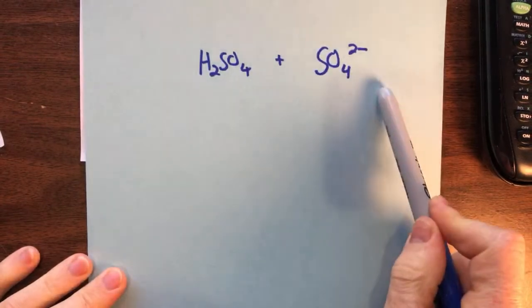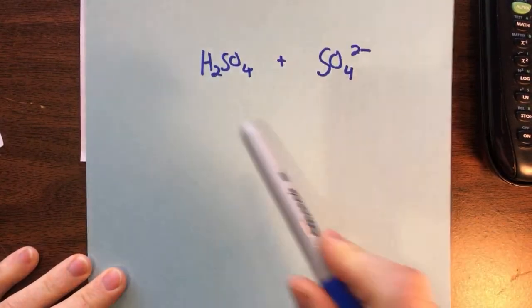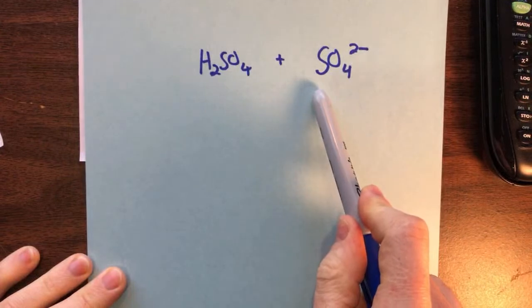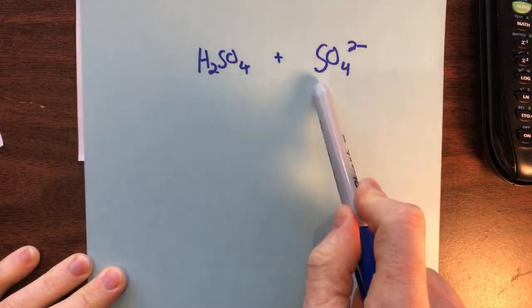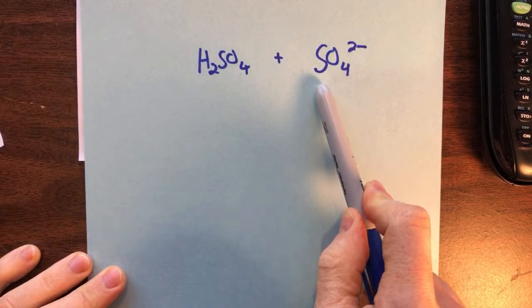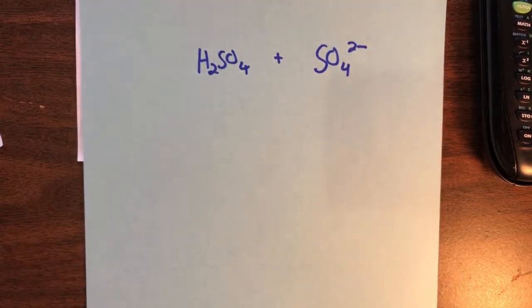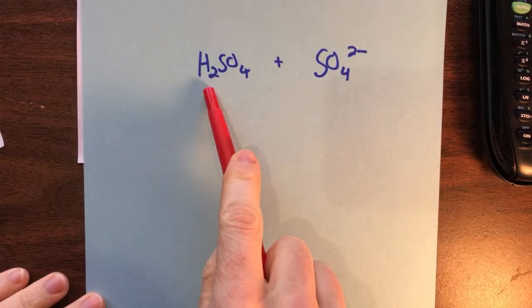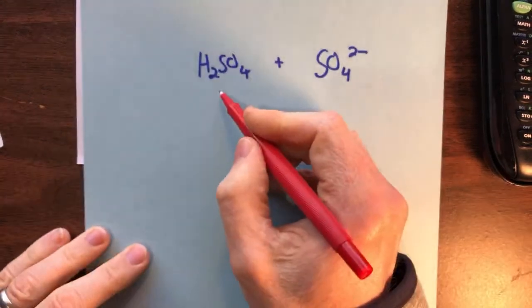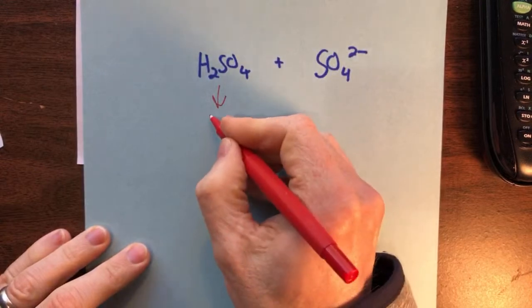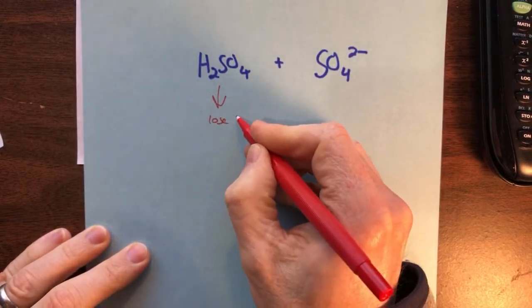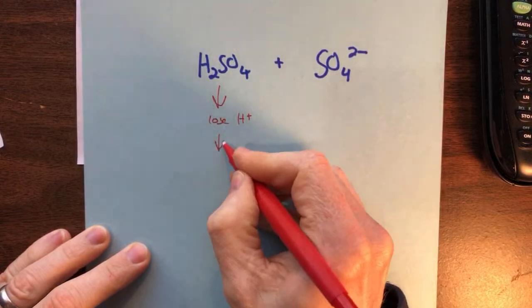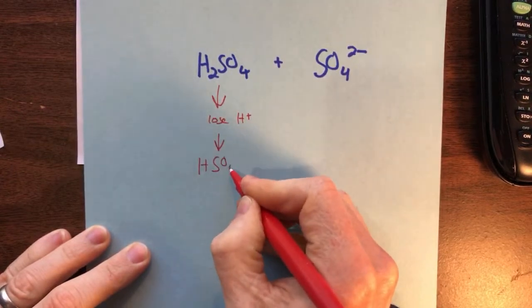Either it's going to do nothing, or you're going to have an H go from here to here. Because if we have two H's go from here to here, then that's nothing. We always look at these acid-base reactions as happening in a stepwise fashion. First, we're going to lose one of them. So this is going to act as an acid. It's going to lose one H+ and turn into HSO4-.